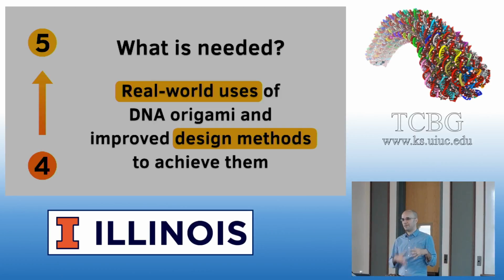So we both have to improve the technology and study it and learn how to build better structures and new structures while we're building the real-world use cases. So you kind of have to sail the boat to the destination while you're building the boat, is one analogy.